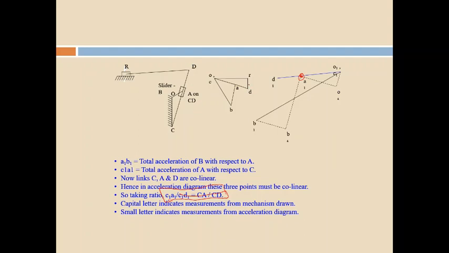In the velocity diagram we have used the same method, no? Same thing here we are doing. So we know the value of C1A1, and we know the value of CA and CD from the space diagram, so we can find the remaining length.